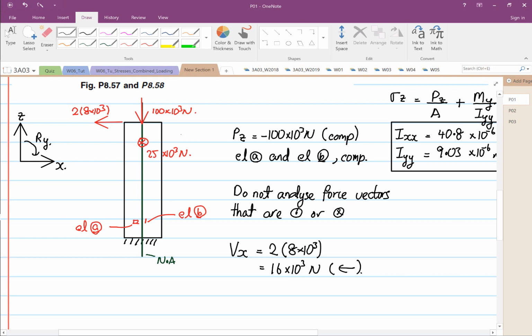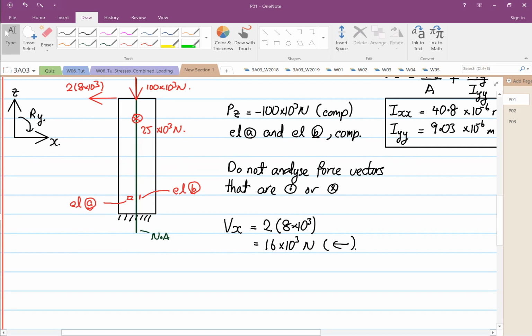So we know that the shearing stress will have values. For element A and element B, the shearing stress, from what we can see, is not the outermost and is not equal to 0. I'll elaborate on this later on.